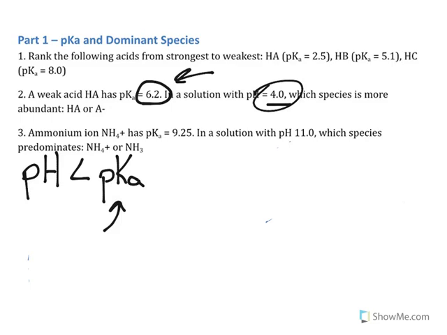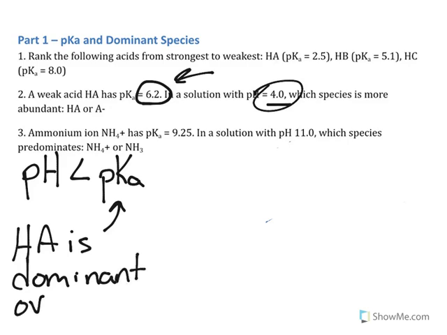Since the pH is too low, I have too much acidic component. So that means that the HA is dominant over the A minus. There's more HA in here than there is A minus because the solution is just too acidic.